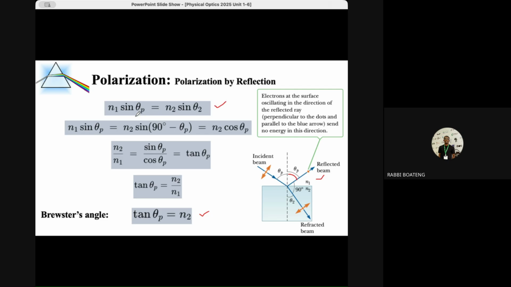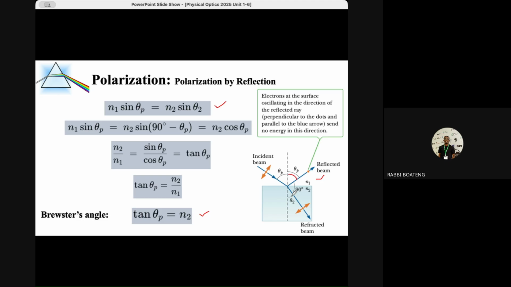We know that from Snell's law, n1 sine of theta p, that is the angle here, is going to be equal to n2, that is the refractive index of what is inside here, times the sine of the angle of refraction. And in fact, because we're expecting that anytime we add these two angles, we should be getting 90.